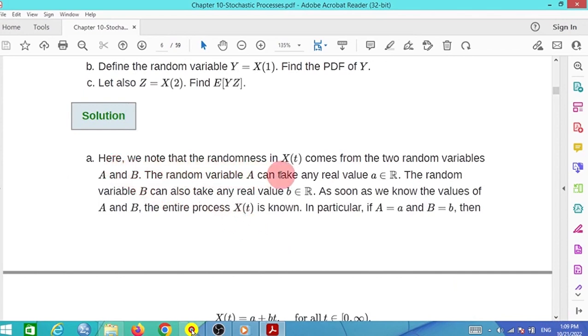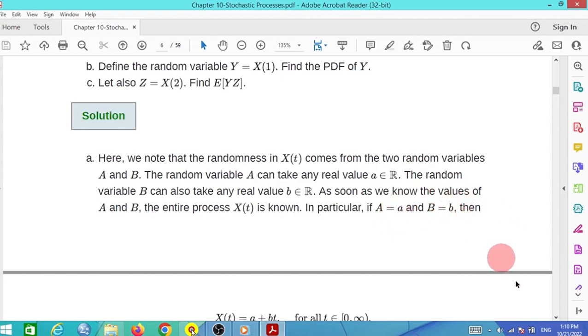Here we note that the randomness in X(t) comes from two random variables, A and B. The random variable A can take any value in R, and B can also take any value in R. For example, if A equals a, it means you select a random value between minus infinity and plus infinity, call it a.